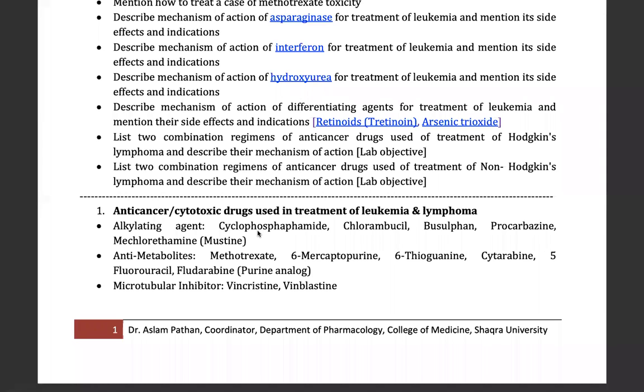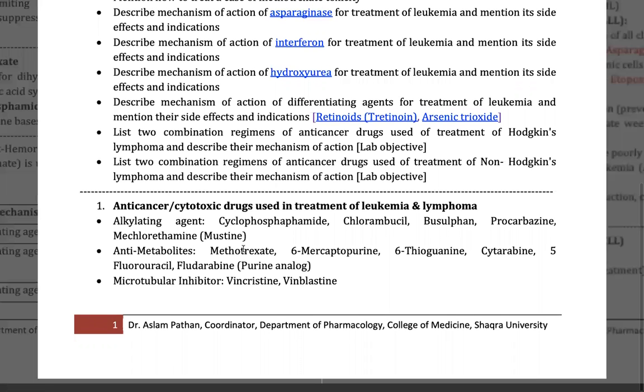Same as if we have to go to Riyadh, our target is Riyadh, but we can go by many routes. The mechanism is different, but the target is to inhibit the nucleic acid synthesis.